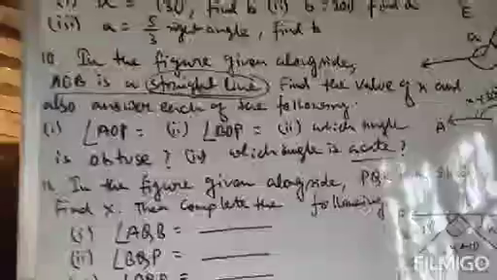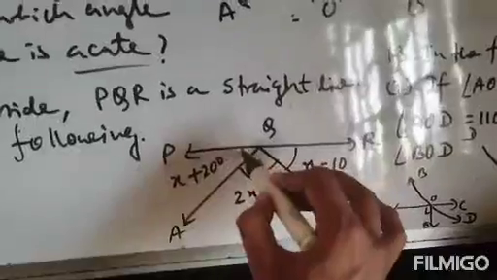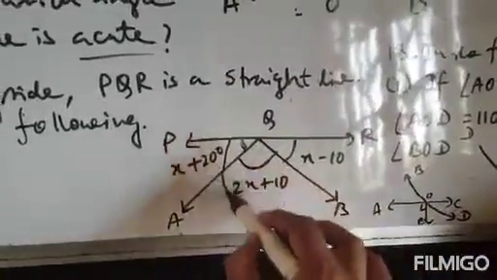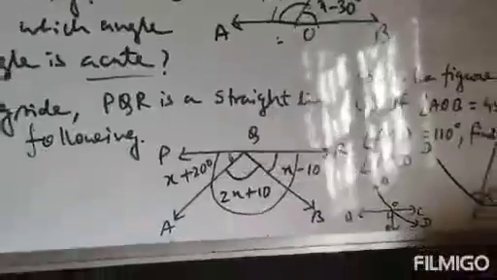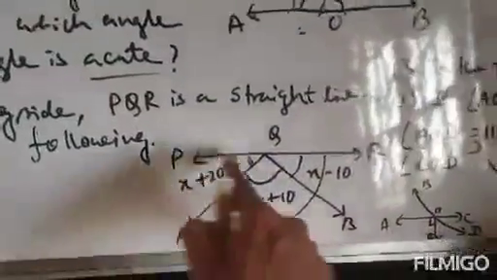Question number 11 says in the figure given alongside, PQR is a straight line, find x, then complete the following. See, these portions are given. Now this total portion is 180 degrees because PQR is a straight line.